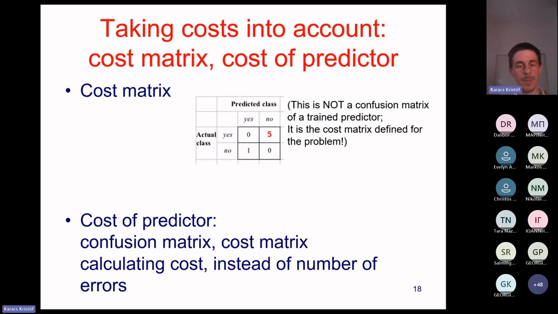And you can use the cost matrix, so this can be applied against all kinds of evaluation metrics that we discussed so far. Are there any questions here? Okay, I will proceed then.